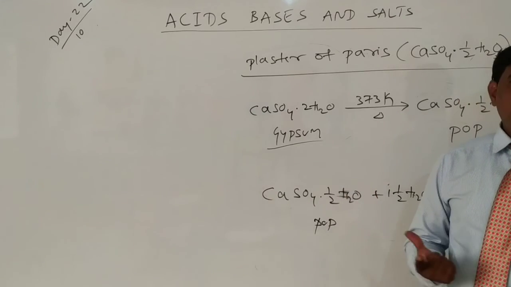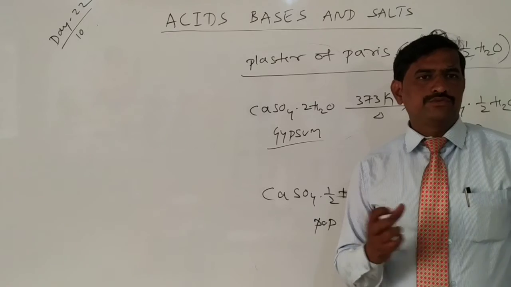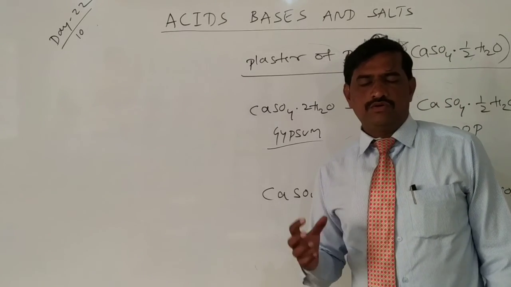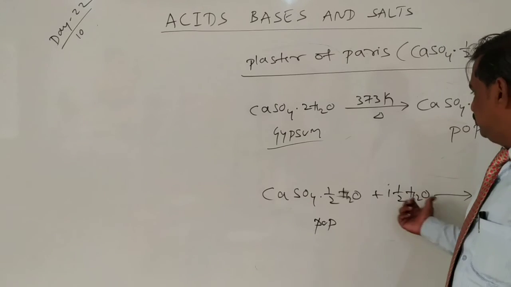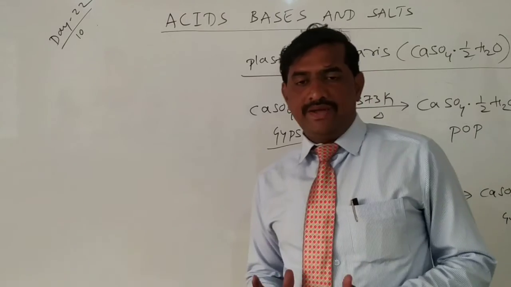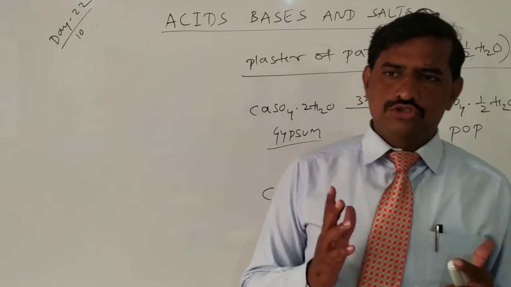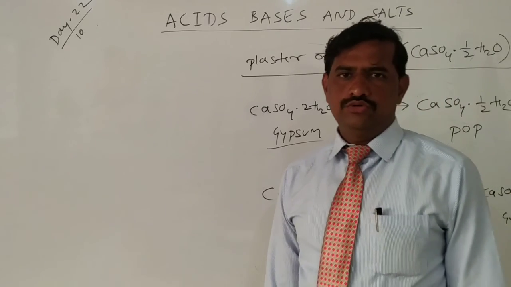One question will be asked like this: when the Plaster of Paris is exposed, it absorbs water from the moisture, becomes hard and converts into gypsum. To avoid that problem, Plaster of Paris is stored in a moisture-proof container. Okay, I hope all of you have understood.